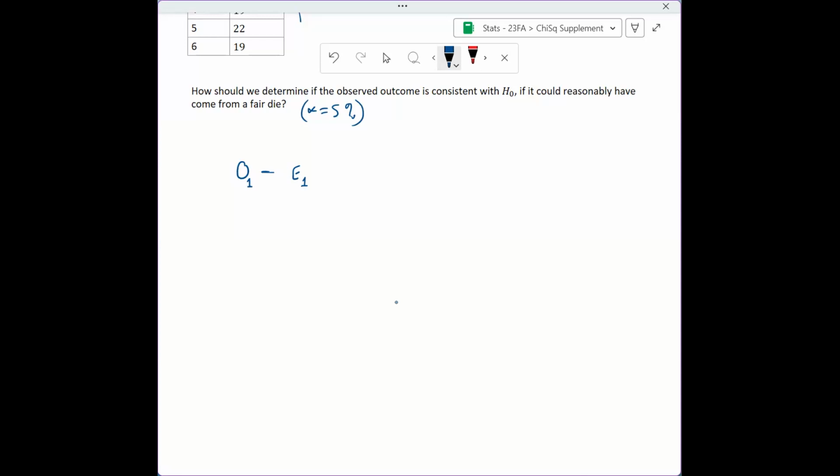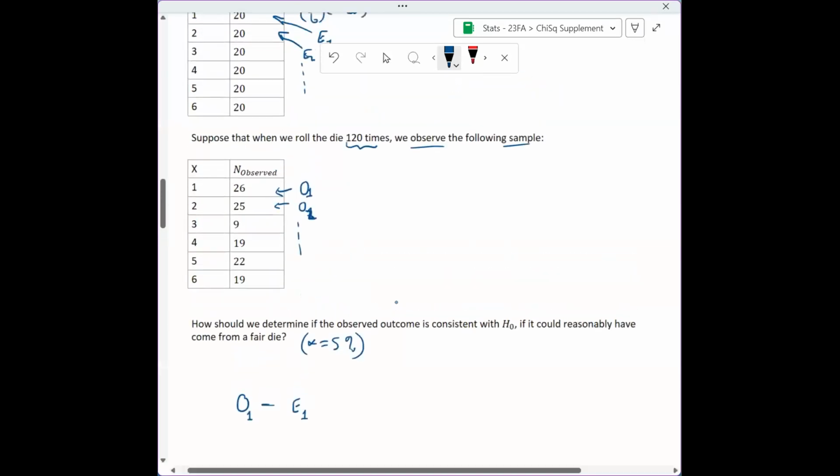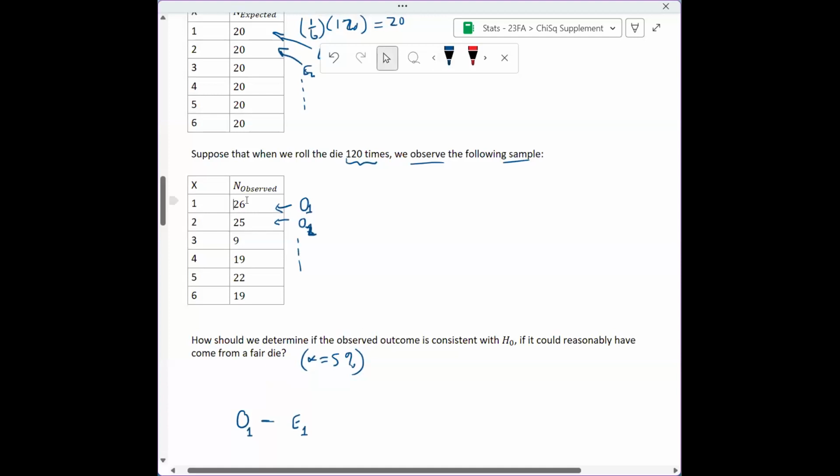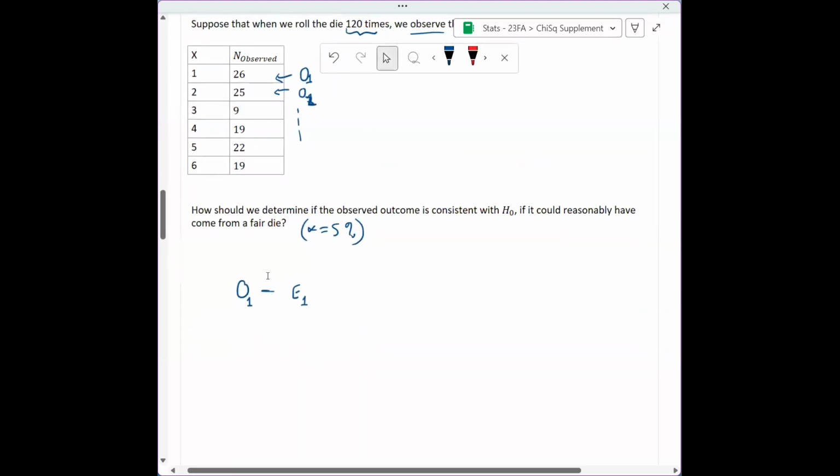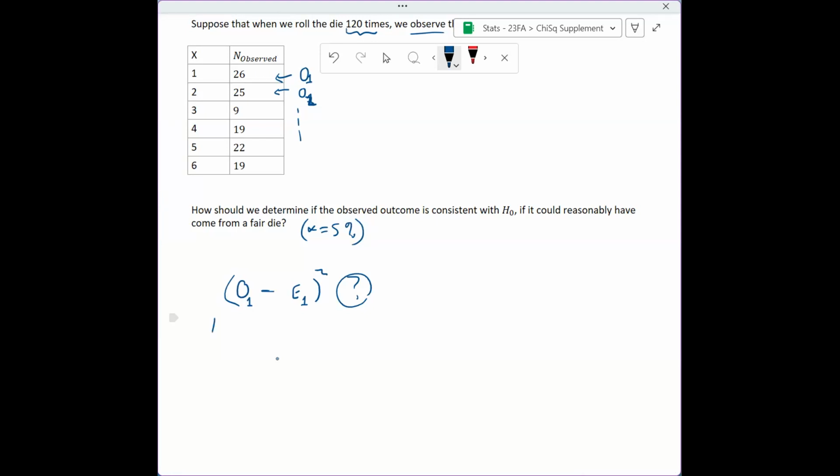Now, really, if the differences are big, they could be big positive or big negative, and I would like to somehow accumulate all of the differences. There's going to be one deviation for the rolls that ended up 1, another deviation for the 2s, another for the 3s, and we've seen this strategy a couple of times already. So really, I'd like to investigate something like the squared deviations and then add them together.